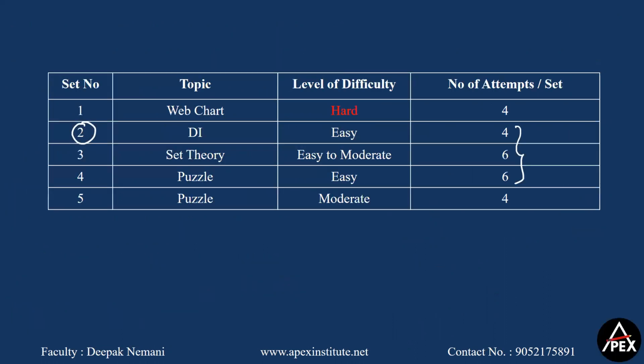Okay, so overall, this is an easy paper. So 10 questions can be attempted. If you find the second question easy, and if you have skipped that question, then you should be in a position to solve question set number 3 and set number 4.